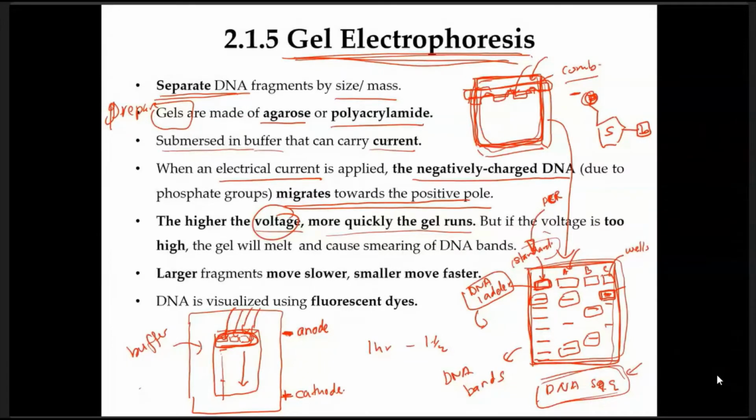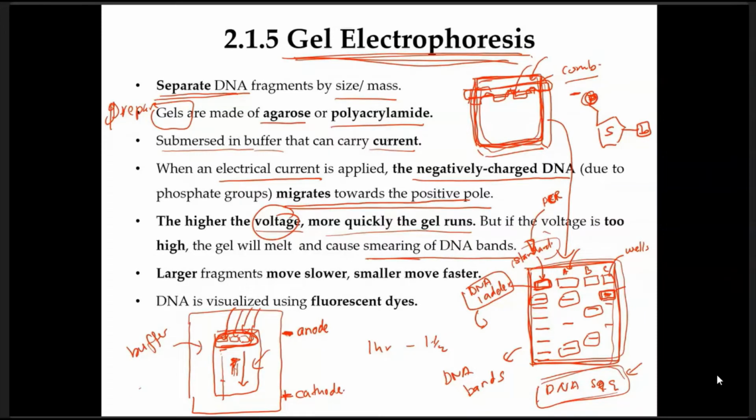Okay. But if the voltage is too high, it can cause the gel to melt and also cause the formation of the band to be not so clear. You produce a smearing. Dia akan jadi macam smear macam tu. Tak berapa nak jelas macam tu. Okay, bila awak observe, right?